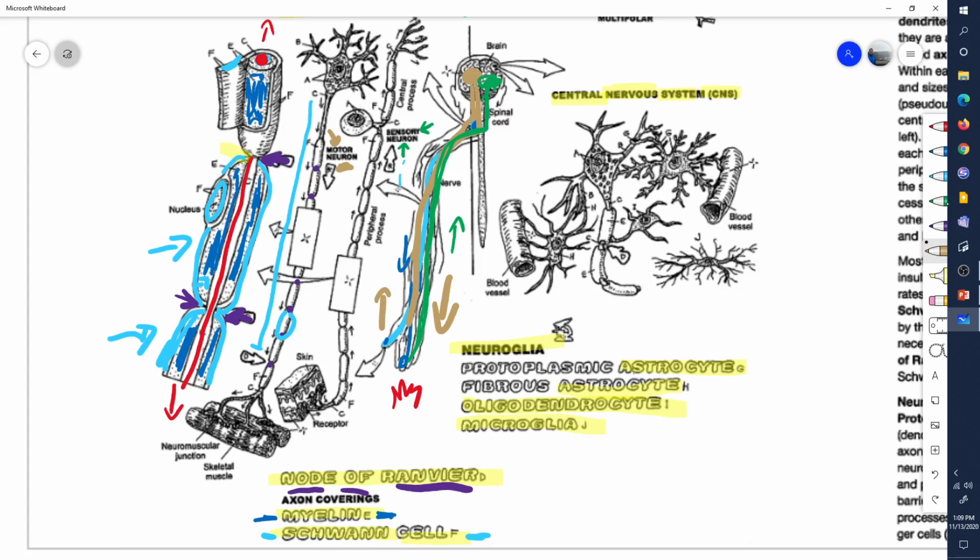Let's look a little closer at a motor and a sensory neuron. Let's start with sensory first. At the tips of your fingers, you have receptors. That's how you are able to feel things in your skin. There's special parts of the nervous system called receptors in your skin. Once they feel that heat from the fire, ouch.